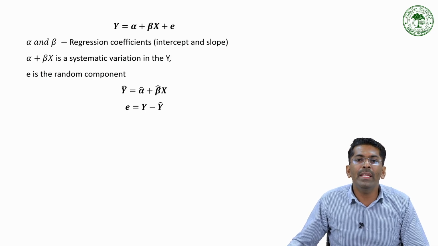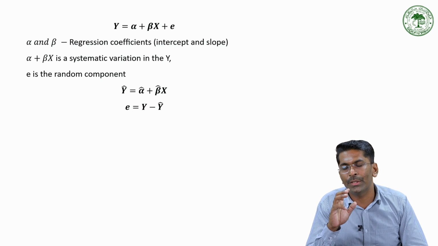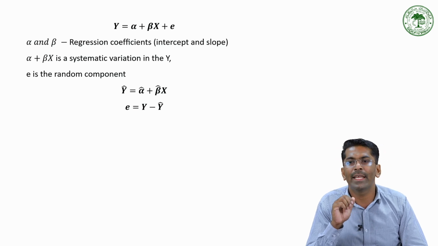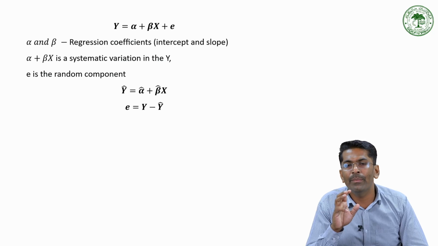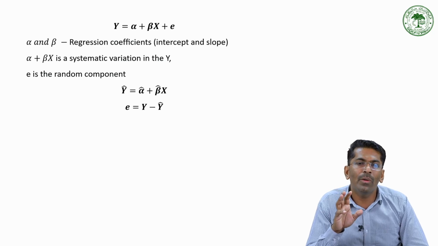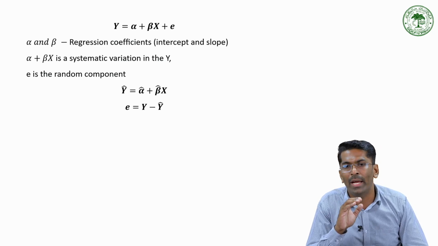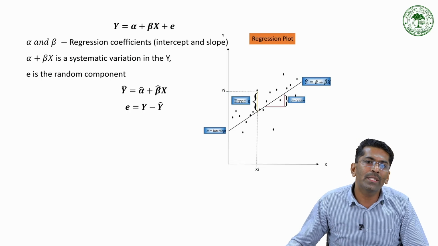Now for the given n pairs of observations of both variables, x and y, we would like to determine the sample regression line in such a manner that it is as close as possible to the actual values. Here we have already explained this particular diagram in the last lecture.